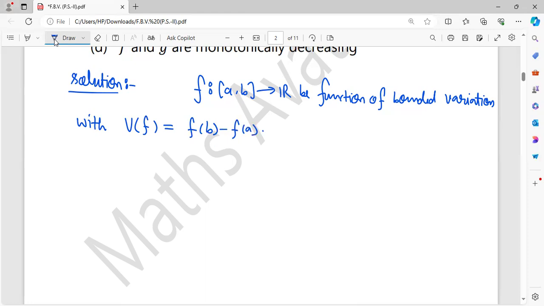Okay, so let x1, x2 be such that a is less than x1 less than x2 less than b.